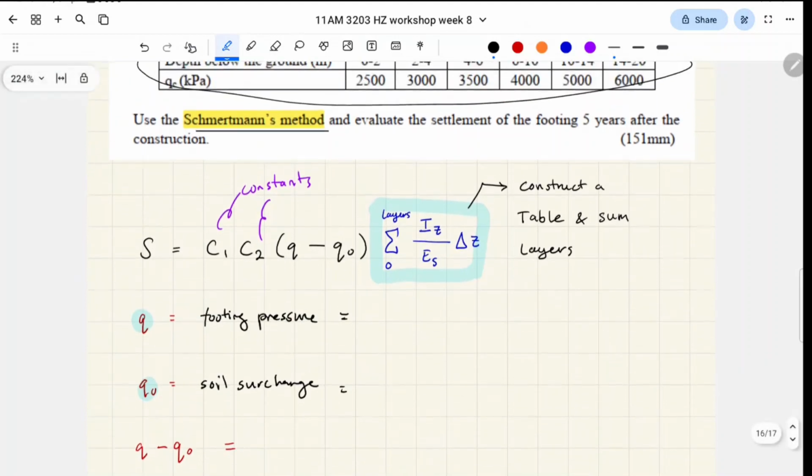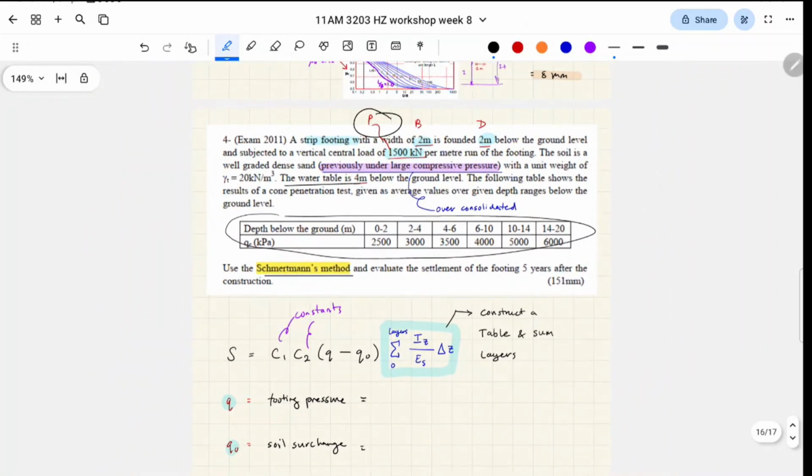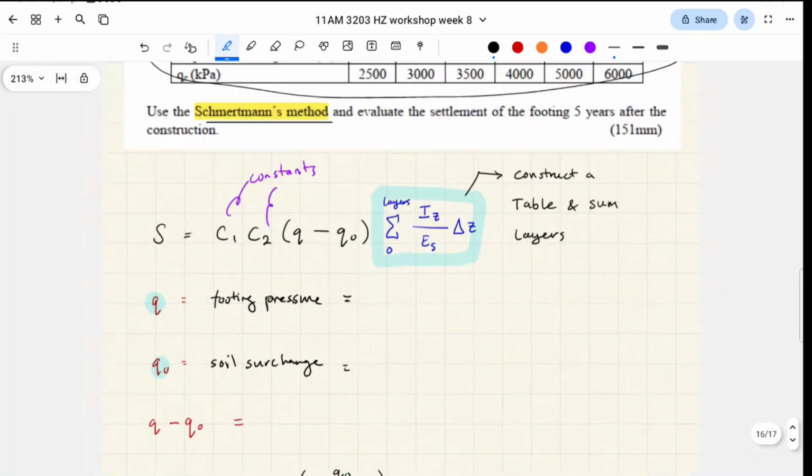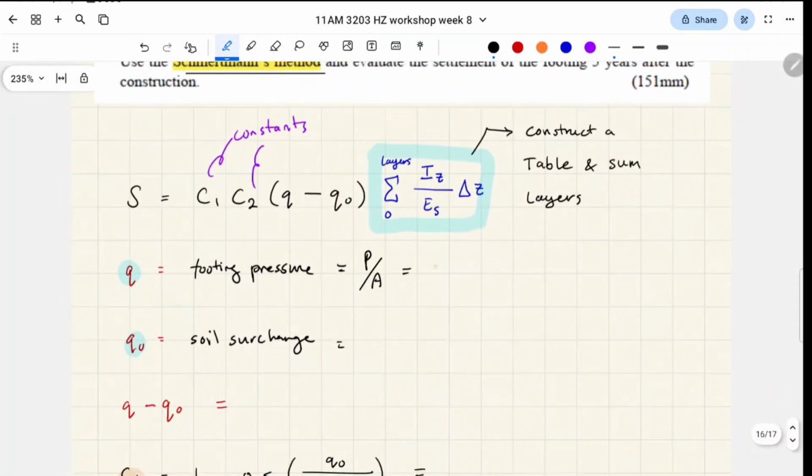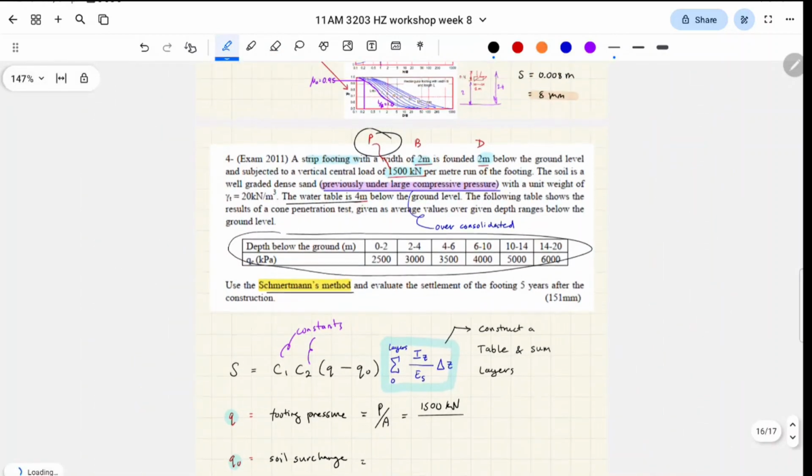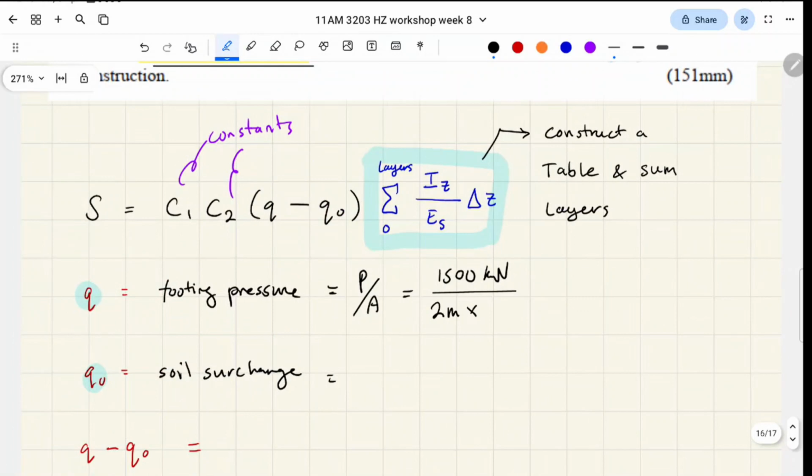Footing pressure is based off of P, that point load, acting over the area of your footing. So it's 1,500 kilonewtons over our width of 2 meters, and it's a strip footing, which means we're just going to divide 1,500 by 2, because we're doing everything per meter run. That gives us that Q, our footing pressure, is 750 kPa.